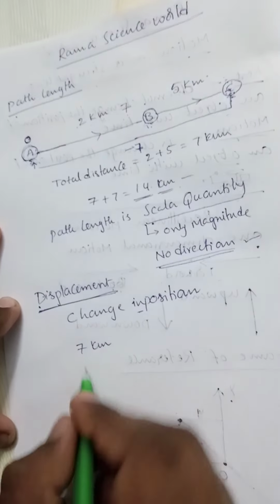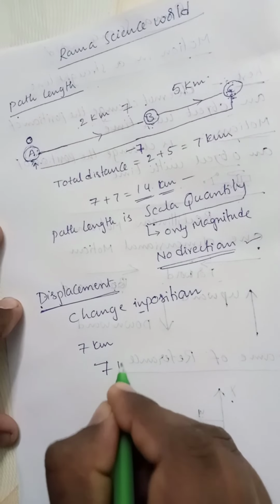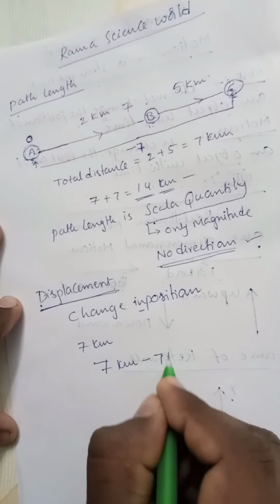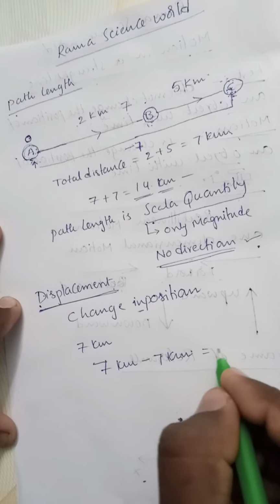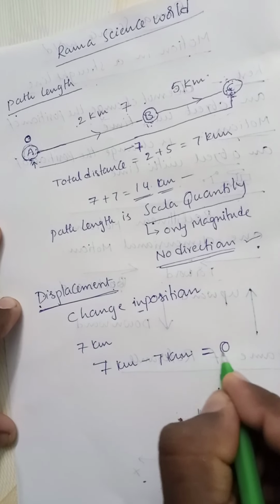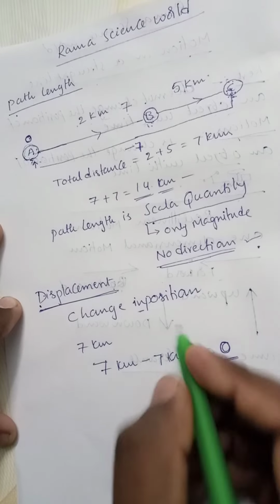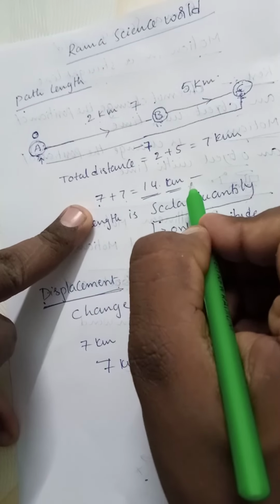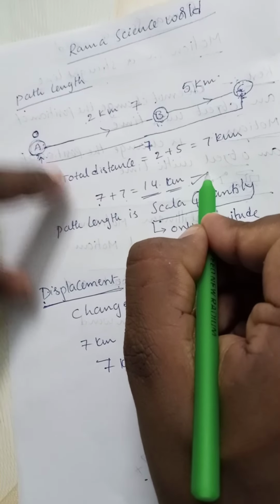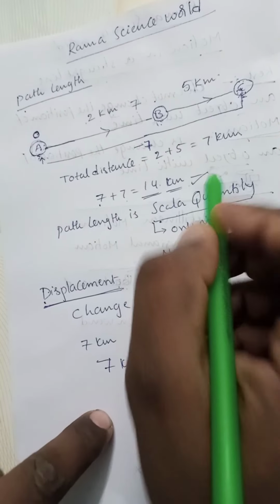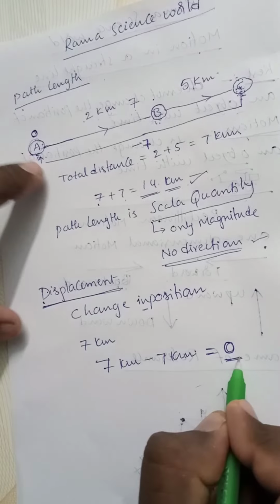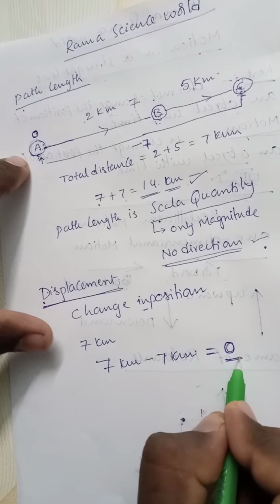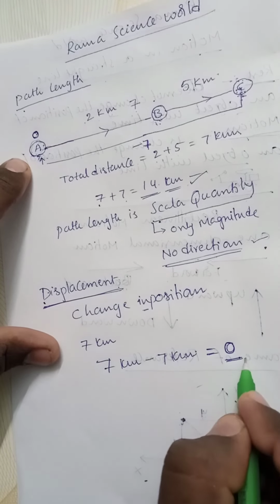Total displacement is 7 kilometers minus 7 kilometers, so the displacement is 0. But path length is 7 plus 7, which is 14 kilometers. So path length is 14 kilometers, but displacement is 0. Here there is no change in the position, so that's why the displacement is 0.